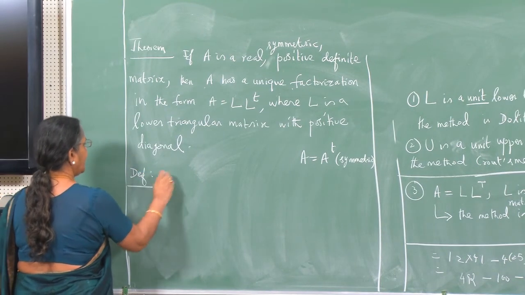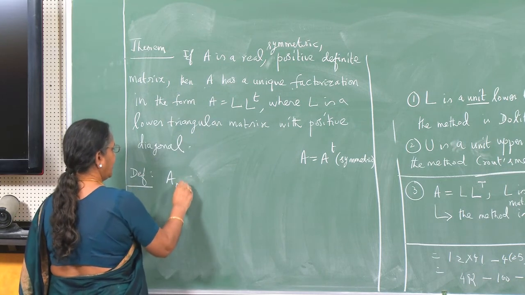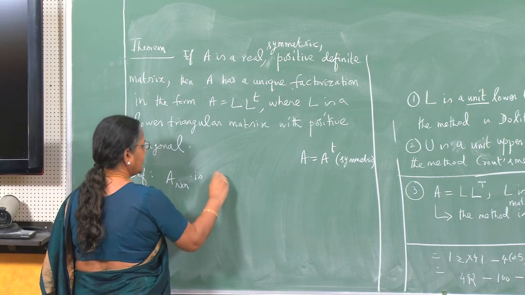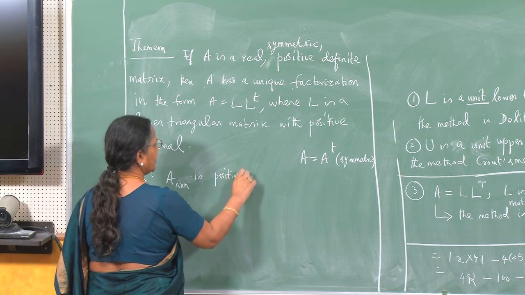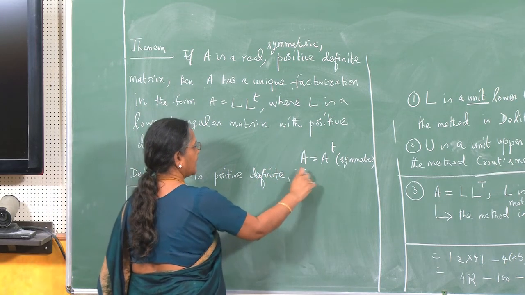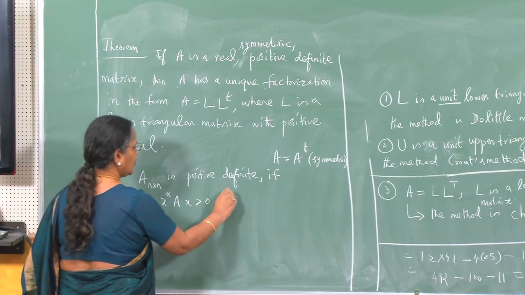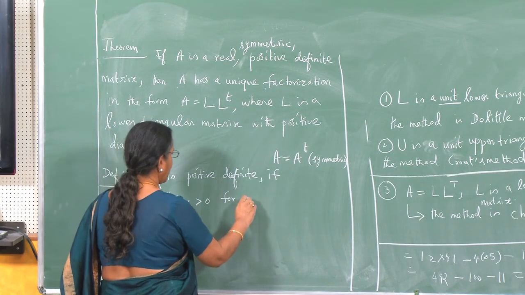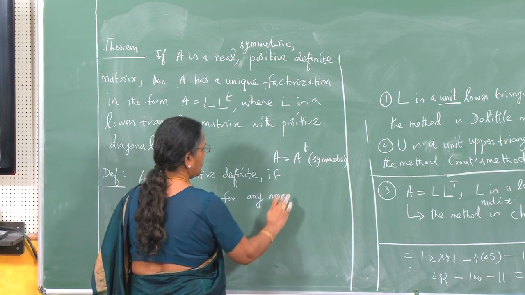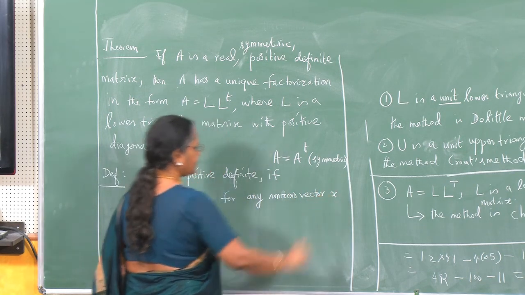A square matrix, an n cross n matrix A, is said to be positive definite if x star A x is greater than 0 for any non-zero vector x.